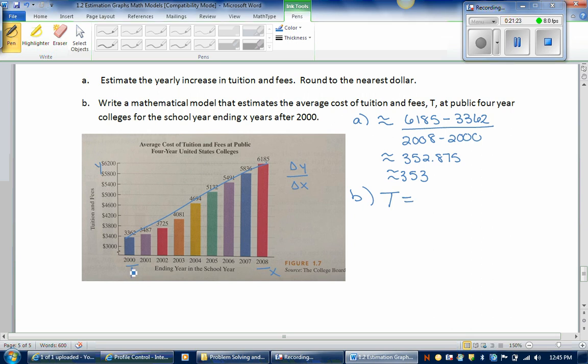We started in 2000, so 3362, plus the amount that it's going to go up every single year, which we just determined, 353 times the number of years. So what we did is we created a linear model to show the change. Okay, so that is today's lesson.